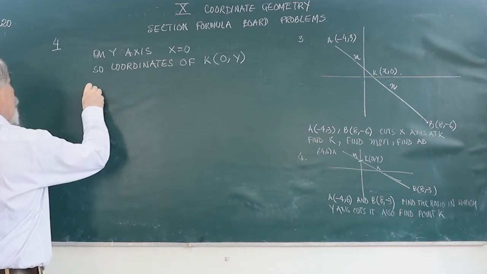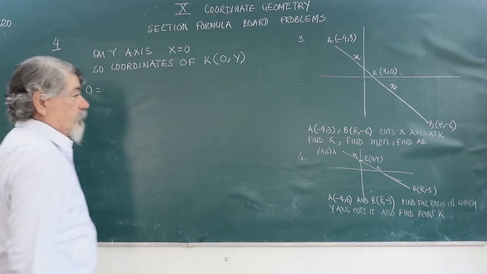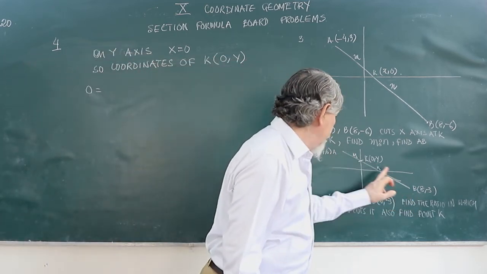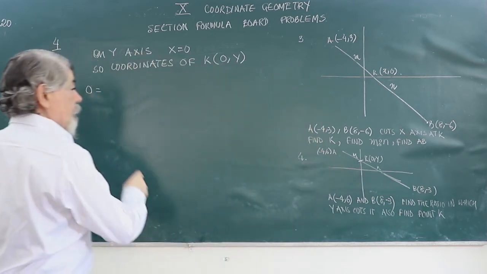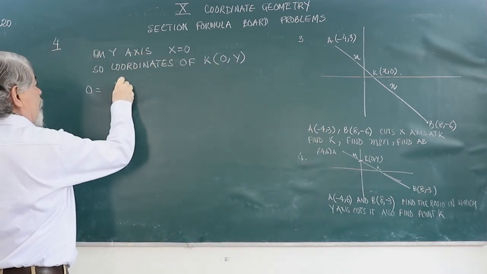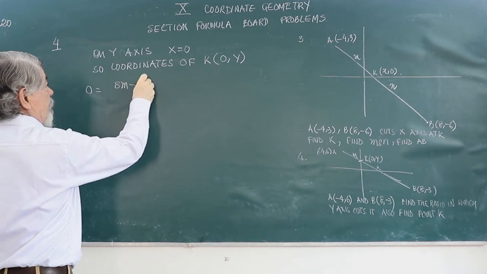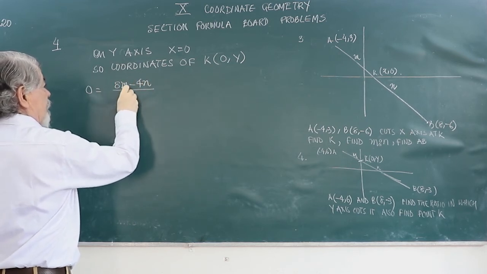The x coordinate is 0, so 0 will be equal to (m into 8 plus n into -4) upon m plus n, that is (8m minus 4n) upon (m plus n).